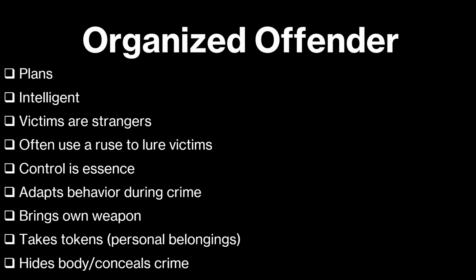Victims are typically strangers and fulfill some type of fantasy role for the offender. These offenders will adapt their behavior during the crime. So if they have planned to take the victim somewhere and they go there and someone is there that they weren't expecting, they will go to another location.